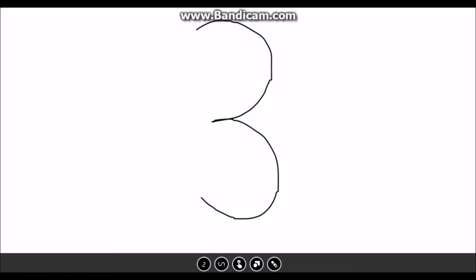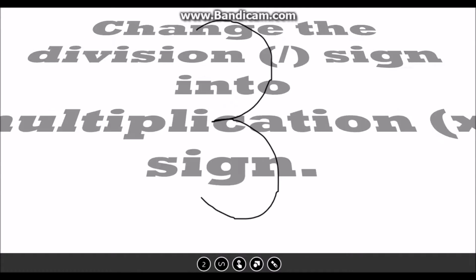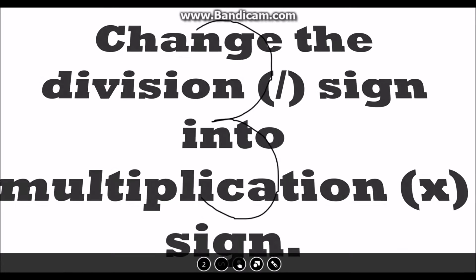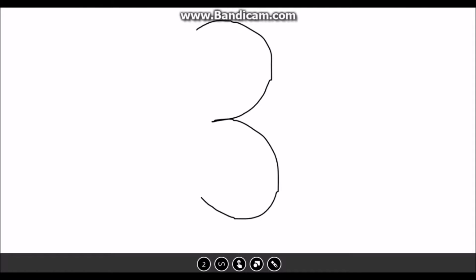Step 3 is a critical step in dividing fractions. You have to change the division sign to the multiplication sign. And you'd want to do this because let's say you have 6 over 1 divided by 2 over 1.